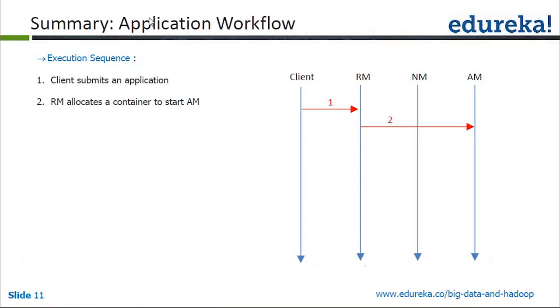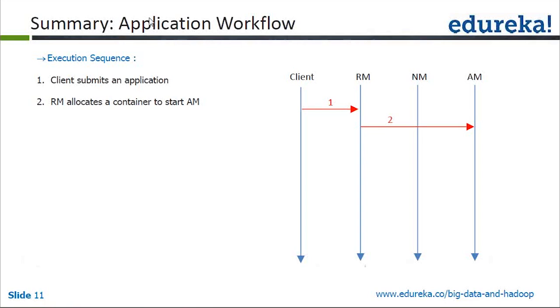Together with the resource manager, which is kind of centralized, this collection of node managers creates the unified computational infrastructure of the cluster. And the third component, which I just talked about, is the application master, which is the user job lifecycle manager.